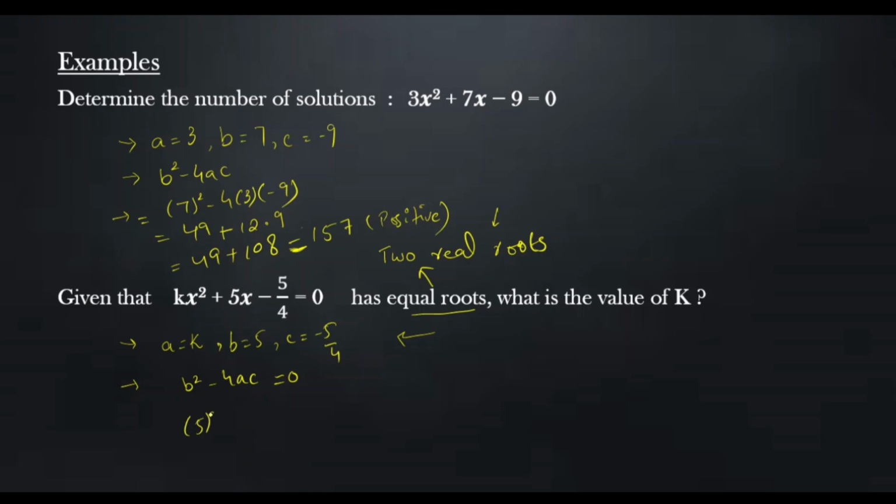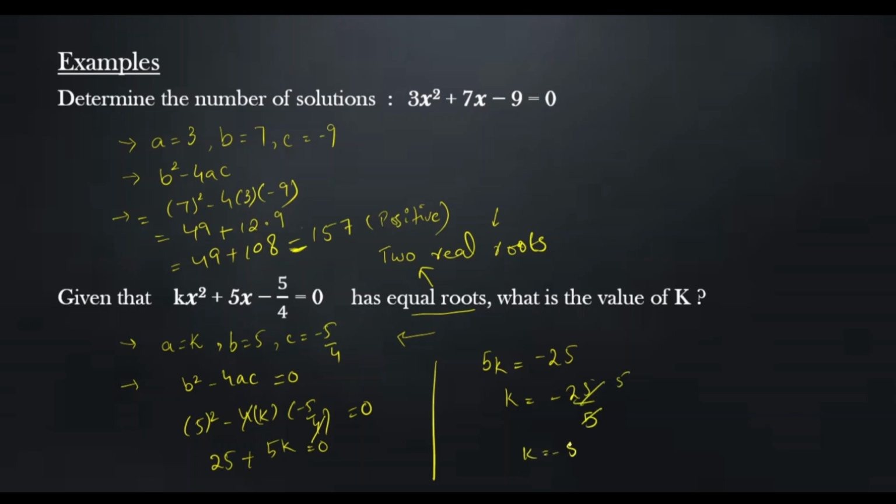We have 5 square minus 4k and minus 5 by 4, which equals 0. 4 will get cancelled out and we have 25, minus into minus plus 5k equals 0, and 5k equals minus 25. The 5 is multiplied on one side, so on the other side it will get divided and we have minus 5. So the value of k is minus 5.